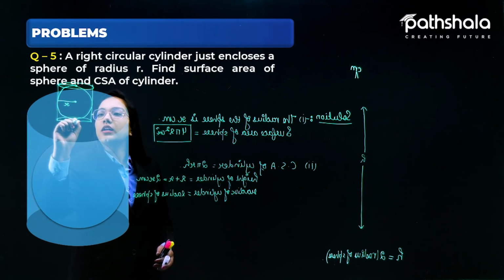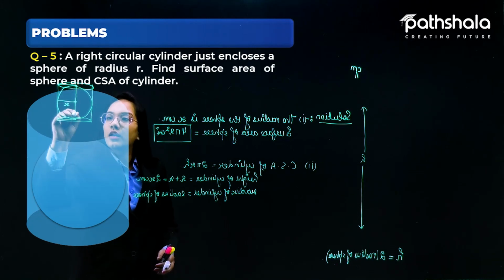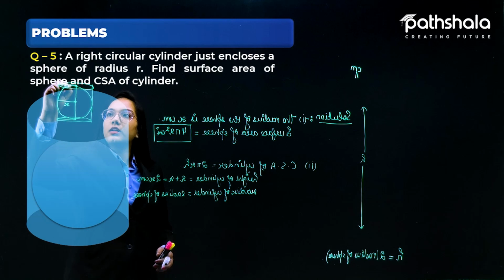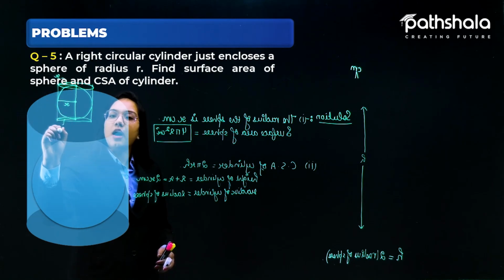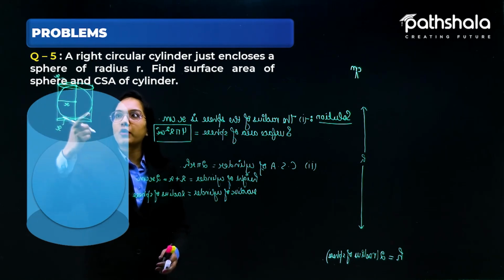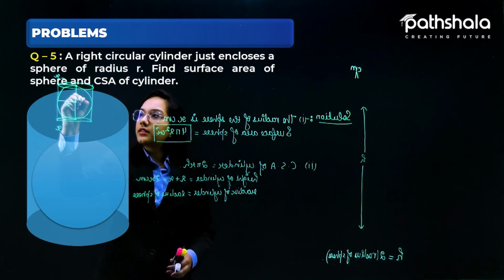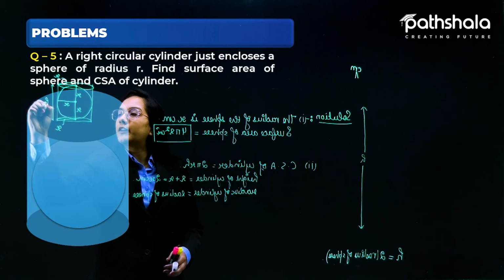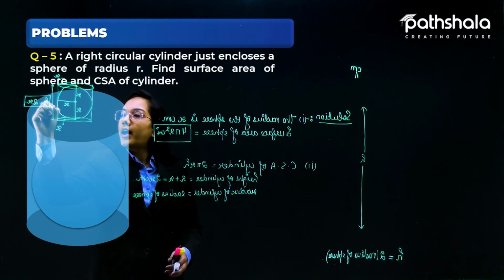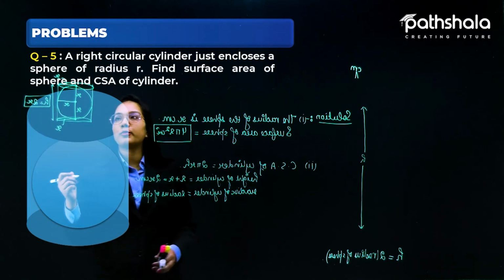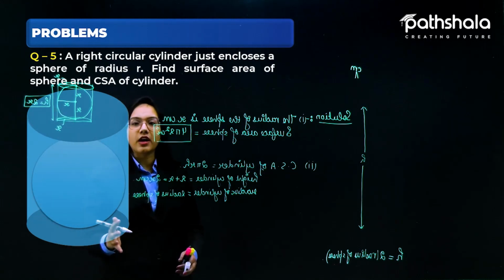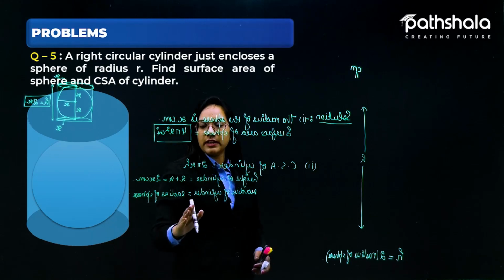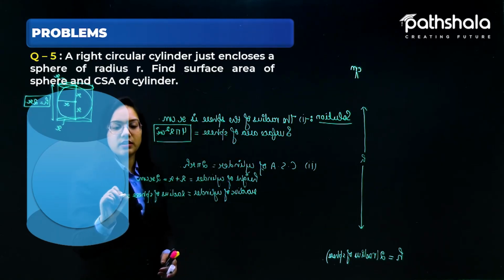If this is r, then this would also be r. Furthermore, for its height, this is r and this is r again, so its height would be r plus r, which is equal to 2r. And again, the radius of the cylinder is the same as the radius of the sphere.